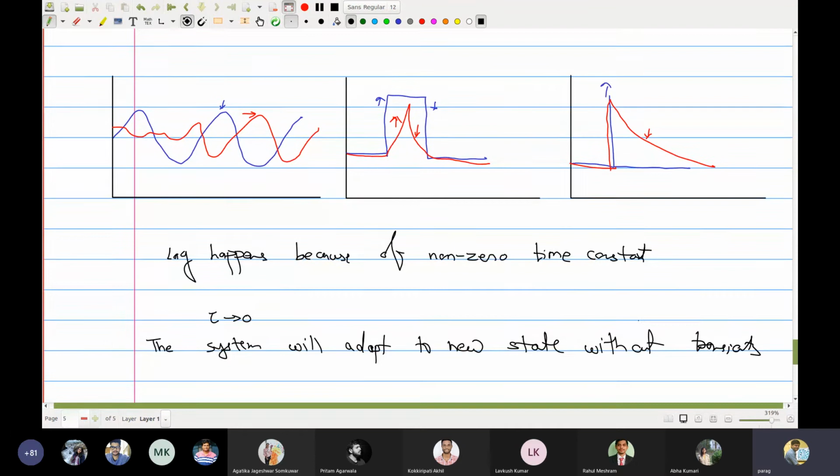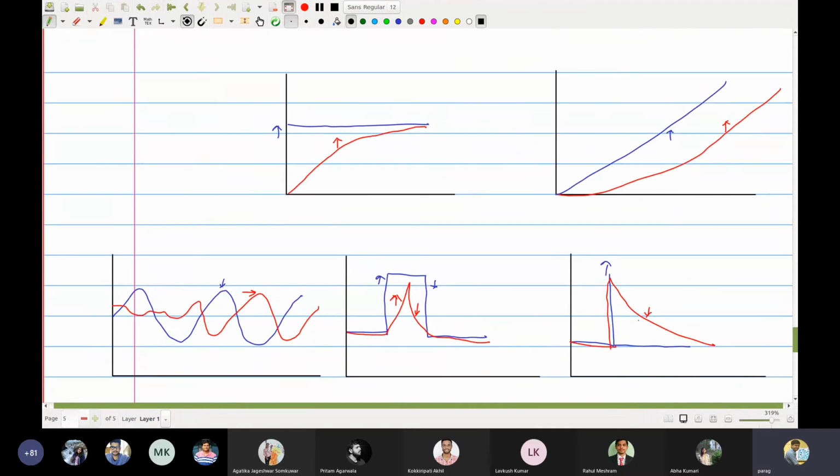Right? Which means what will happen is that the case would be like this: you will be here, you will be here, you will be here, and you will be here, for tau tends to 0.